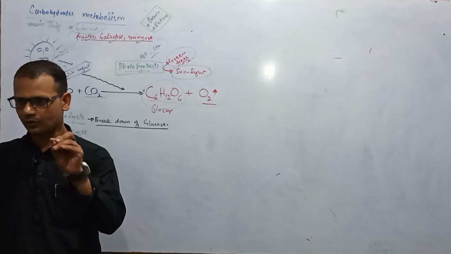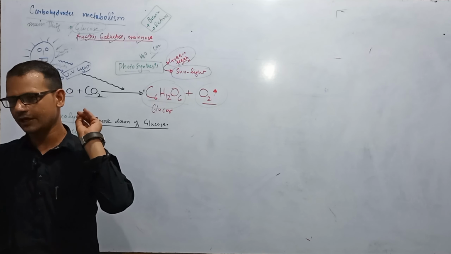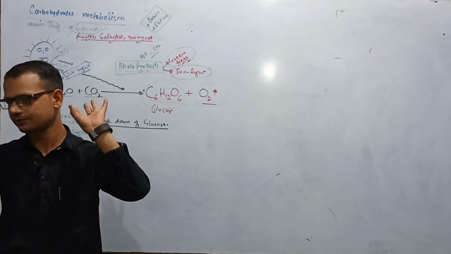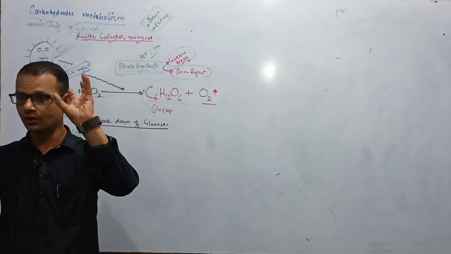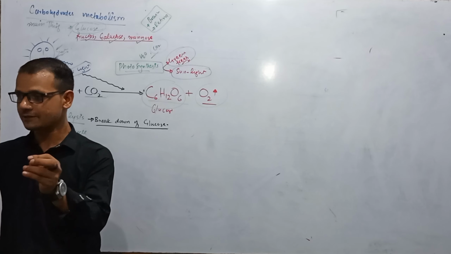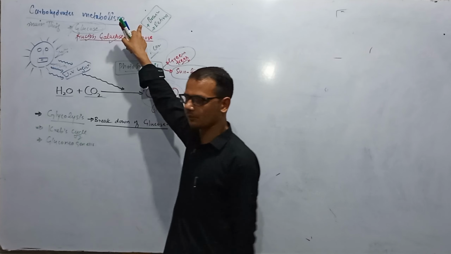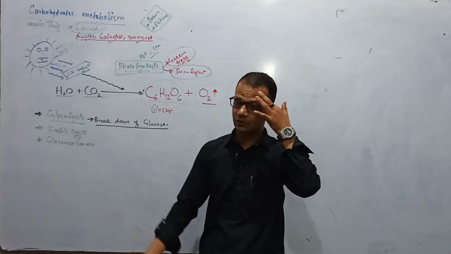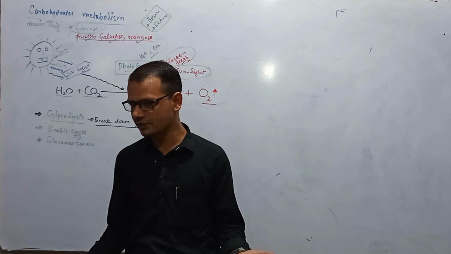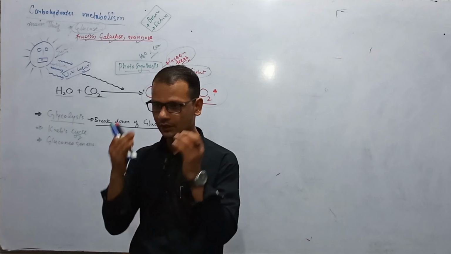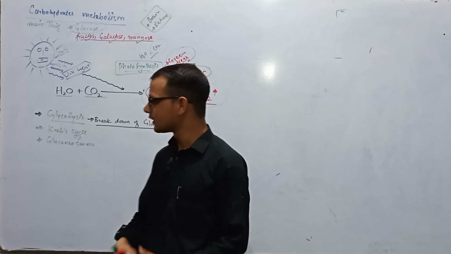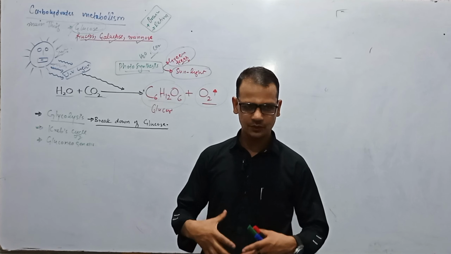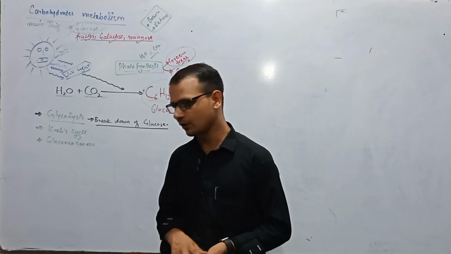All the cells in our body undergo glycolysis. All the cells, right? And it occurs abundantly in neuron cells, because the brain is solely dependent upon glucose. All other tissues may metabolize lipids, may metabolize proteins, but neurons can only metabolize glucose, right? So all the body tissues undergo glycolysis.